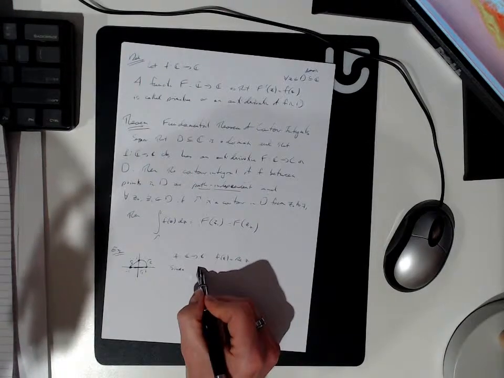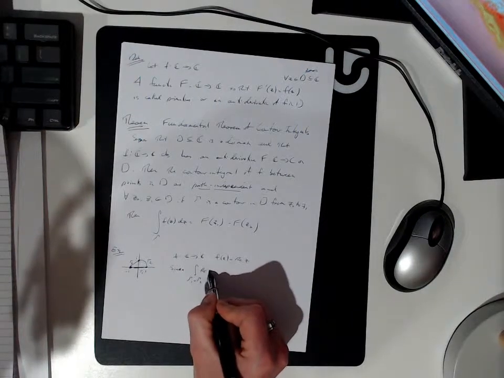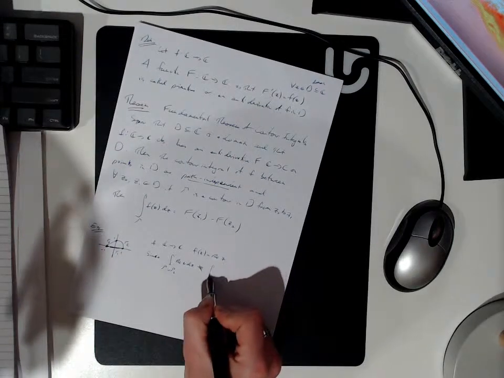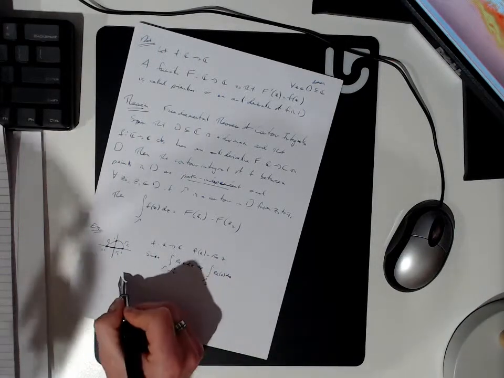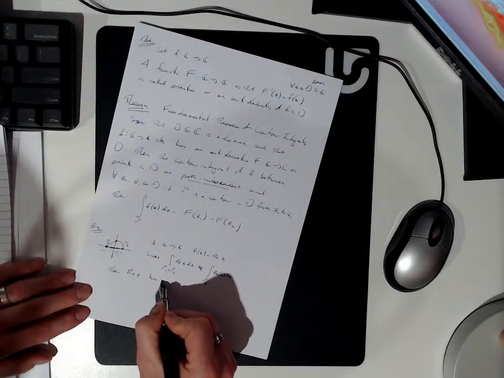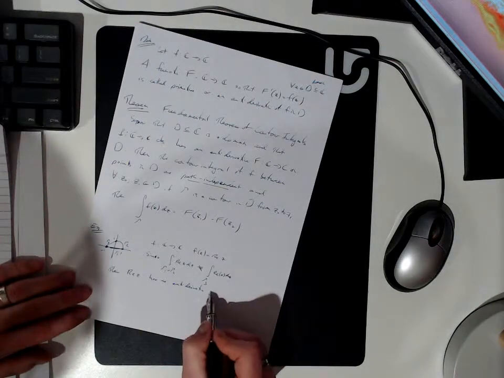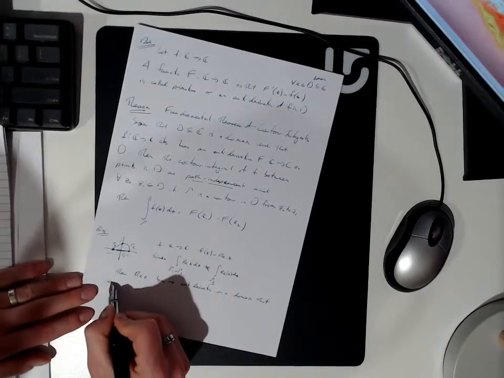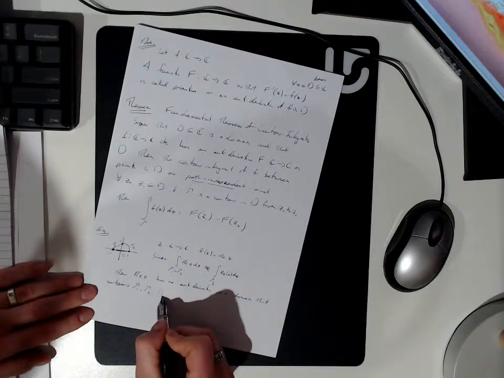Since the integral over gamma 1 union gamma 2 of the real part of z dz is not equal to the integral over gamma 3 of the real part of z dz, then the real part of z has no antiderivative on a domain that contains gamma 1, gamma 2, gamma 3.